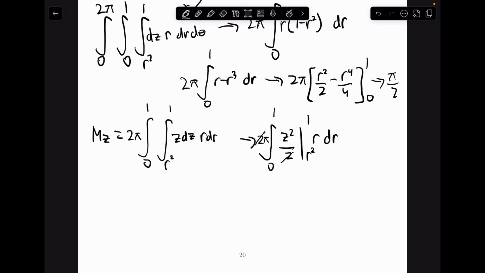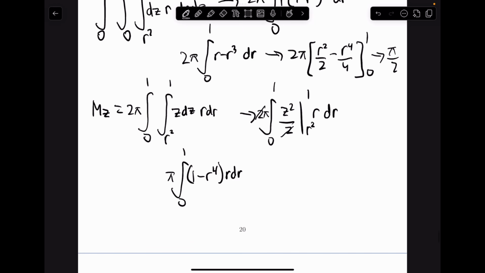We're left with the integral from 0 to 1, and we just have pi out here, and it's going to be 1 squared, or just 1, minus r to the fourth power, because we have to square it. And this is all times r dr.